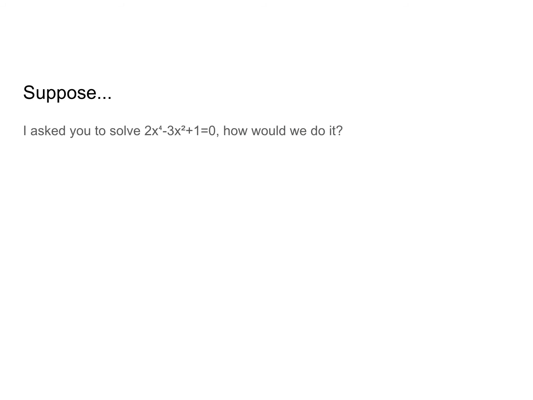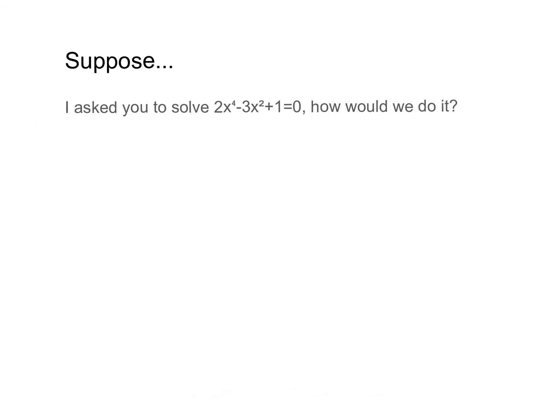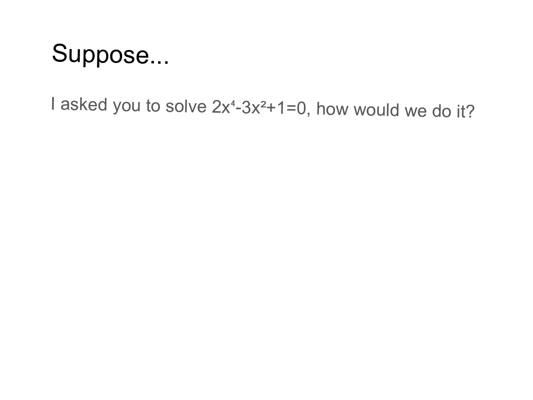Now what if we had a funky looking equation? 2x to the 4th power minus 3x squared plus 1 equals 0. Well, this is where that first step of substitution comes in if needed or desired, because I don't like working with any powers larger than 2 if I can avoid it.